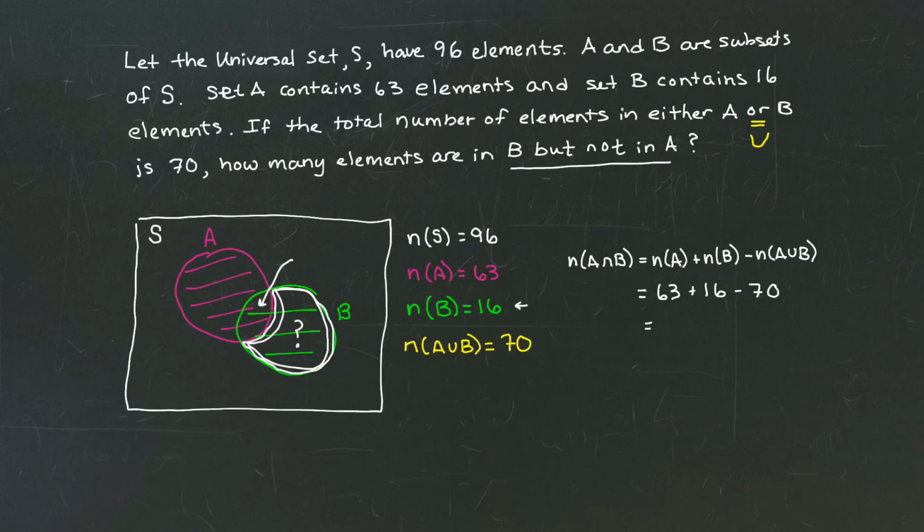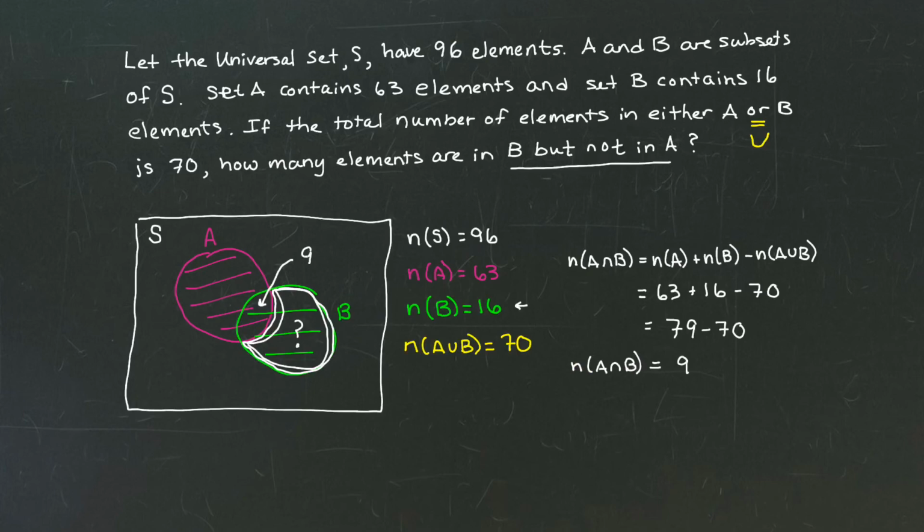So that means the number of elements in my intersection is just 89 minus 70. Excuse me, I did that math wrong. That's actually 79 minus 70, or simply 9. So the number of elements in our intersection is actually 9.